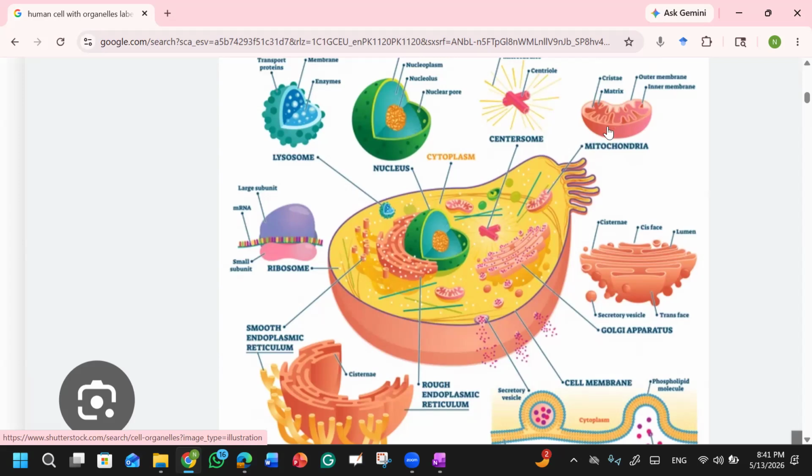It provides the energy to the cell. So this function cannot be performed by DNA, by the nucleus, or by the endoplasmic reticulum, or by any other organelle. This is what I am telling you, that different organelles present in the cell will perform their own specific functions. Are you clear with that? That is what is meant by the cell being a structural as well as a functional unit.